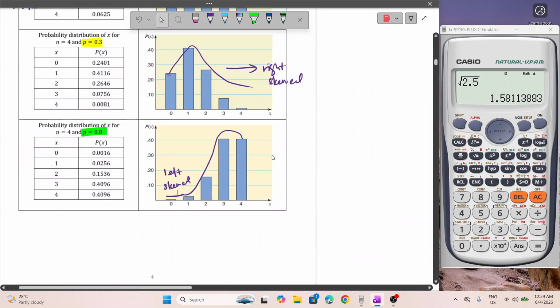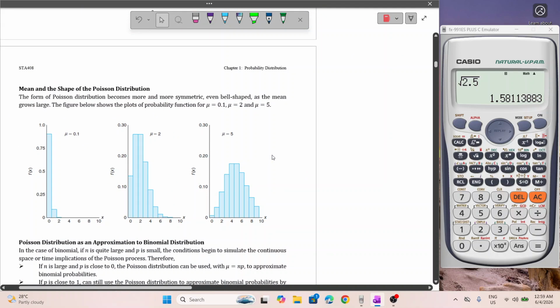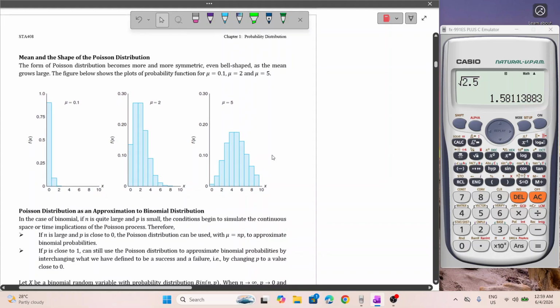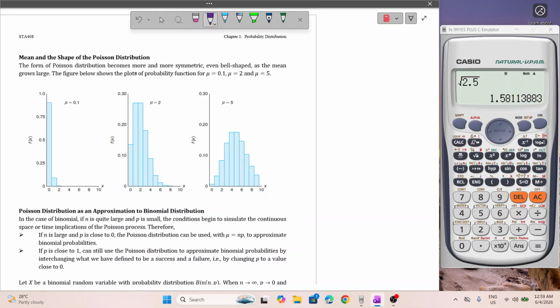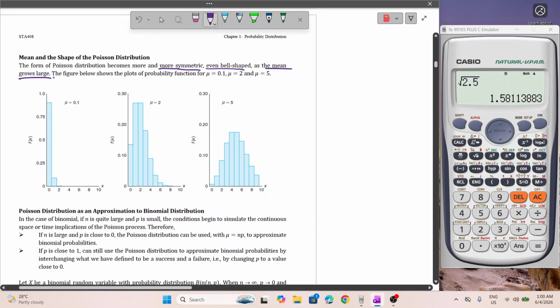Now let's look at the Poisson. The form of the Poisson distribution becomes more and more symmetric, even bell-shaped, as the mean grows larger.